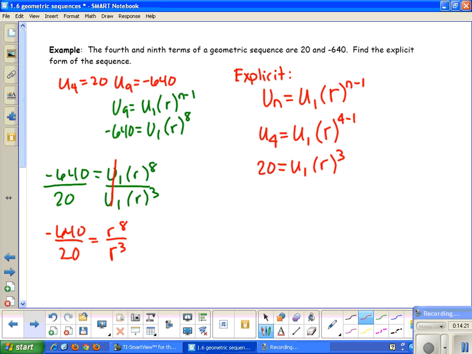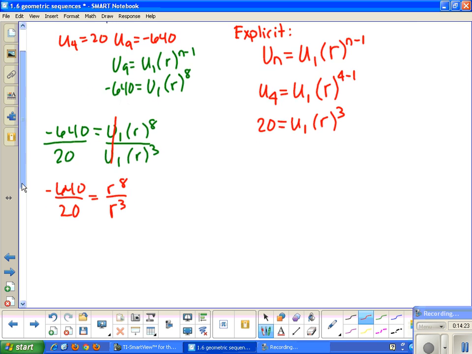So we can simplify this using our properties of exponents and just dividing. Negative 640 divided by 20 is negative 32, equals r to the 8th over r to the 3rd. Subtract the exponents and you get r to the 5th. And then take the 5th root. So r is equal to the 5th root of negative 32, and that means r is equal to negative 2.